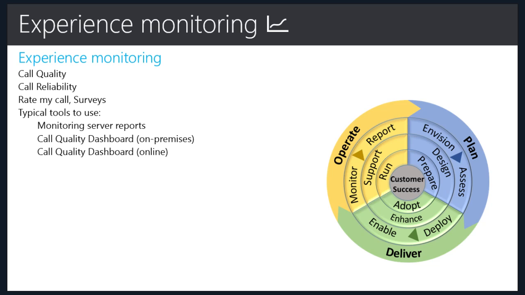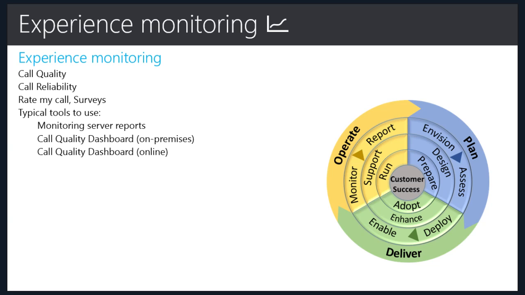So you have to query both the on-prem and the online version of CQD to get insight into what's going on. If you want to learn more about how to use CQD to get those insights, I would strongly recommend the trainings that we've already recorded on CQD, Getting Started with CQD.